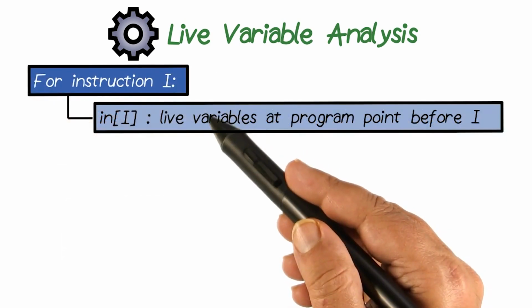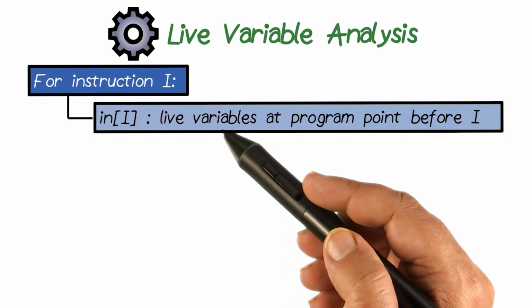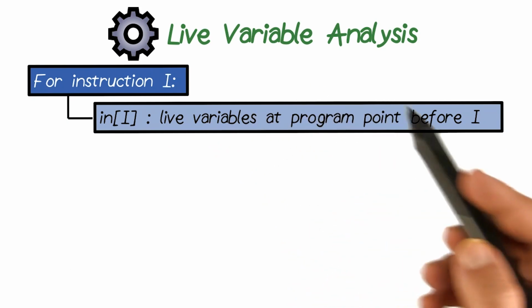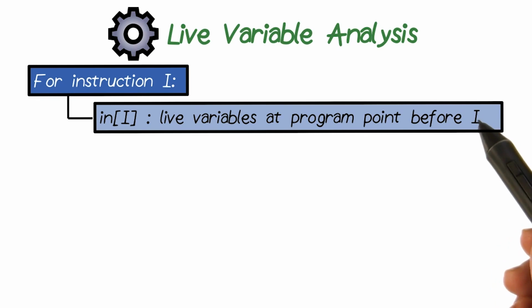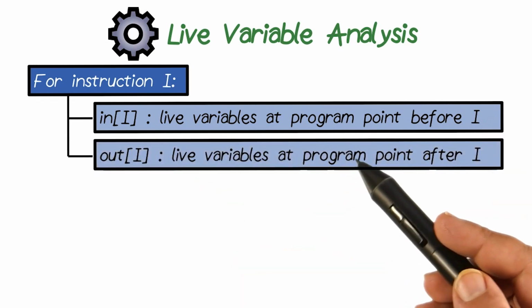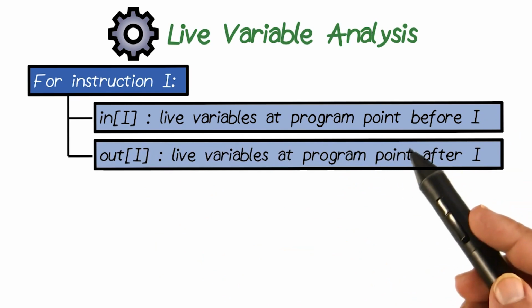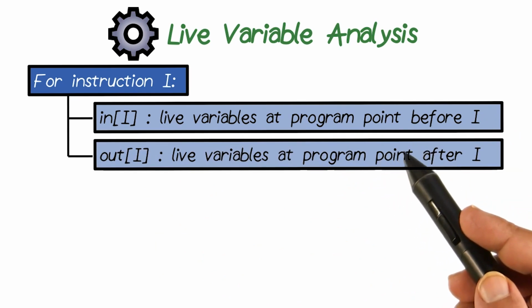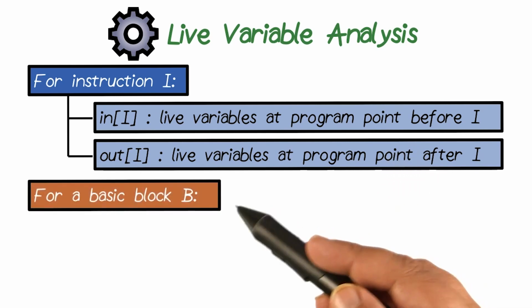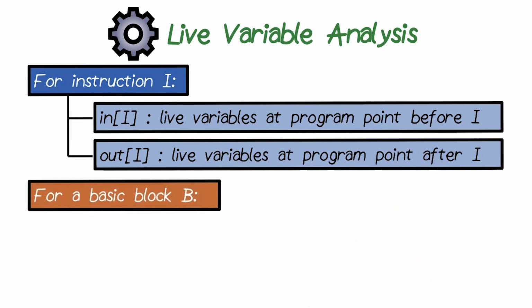So what we are going to do is find out for each instruction I a set of variables which are live at the program point right before I, which we call the in set of I. Then we are going to find out the set of variables which are live right after I, which we call the live variables at the program point right after I. And we are going to do something similar for a given basic block.